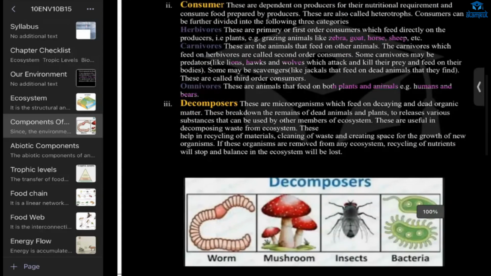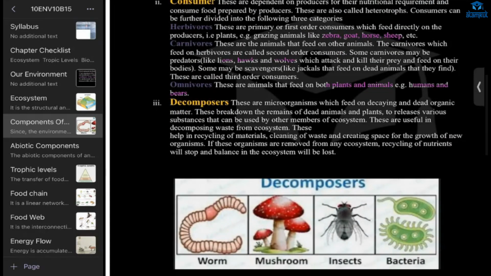Then next we have decomposers. These organisms feed on decaying and dead organic matter or dead organisms. They break down the remains of dead animals and plants, and because of that they release various substances which are used by other members like plants.